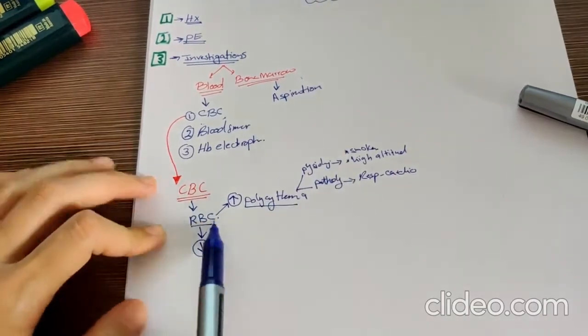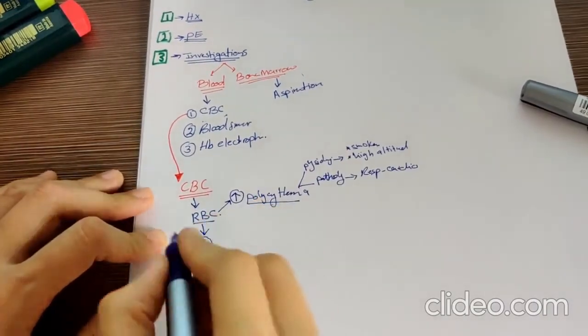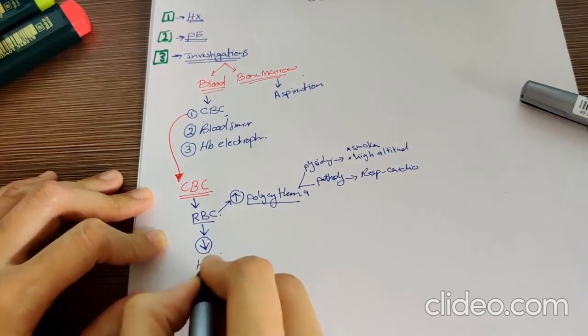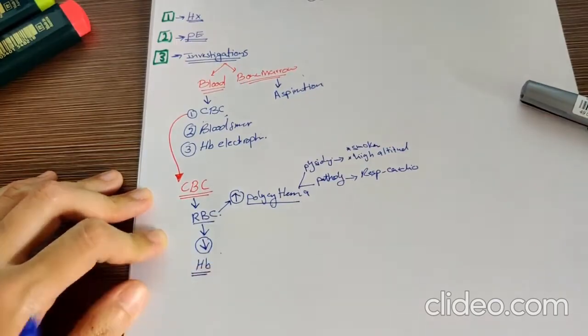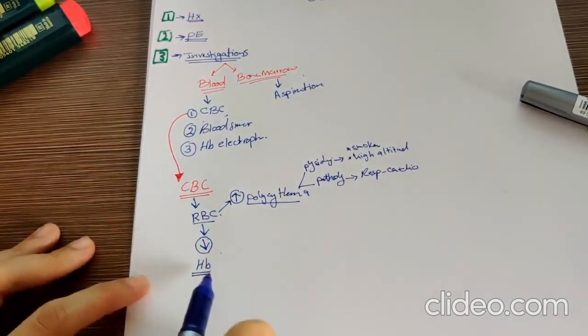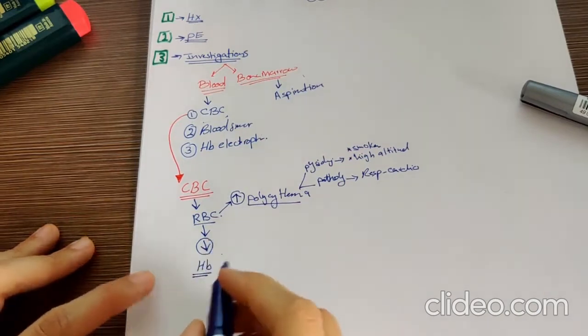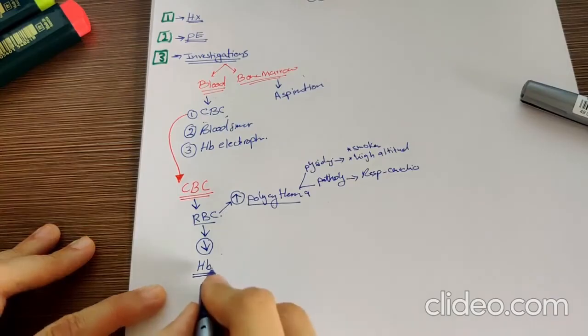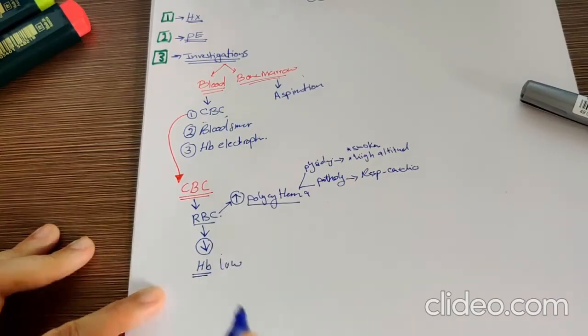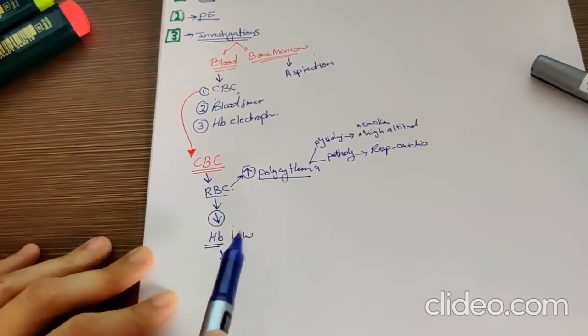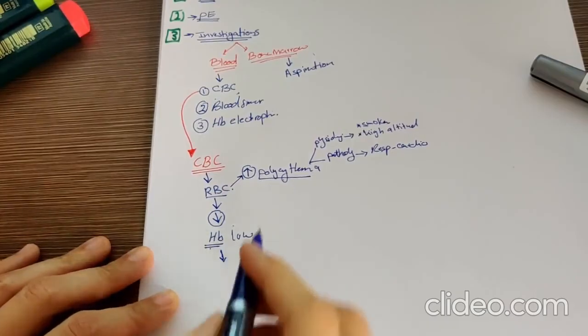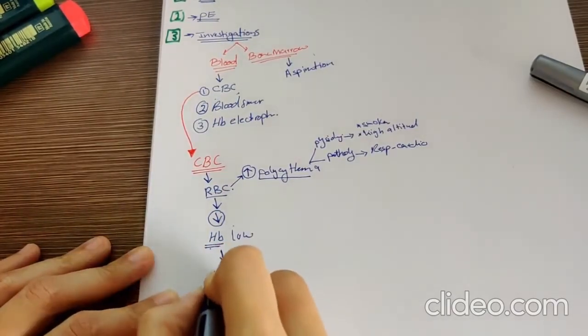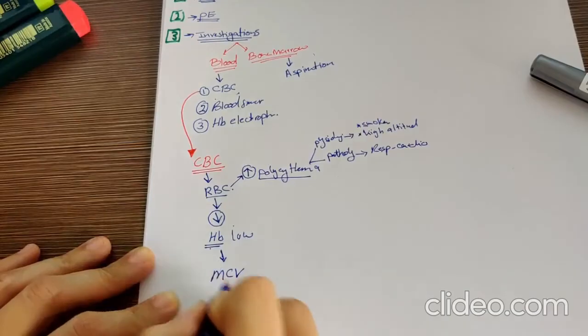If the RBCs are low, go straight away and check the hemoglobin. Okay. Of course, if the RBCs are low, the hemoglobin will definitely be low. So the hemoglobin here is low. Okay. So if the hemoglobin is low, go straight away and check the MCV.